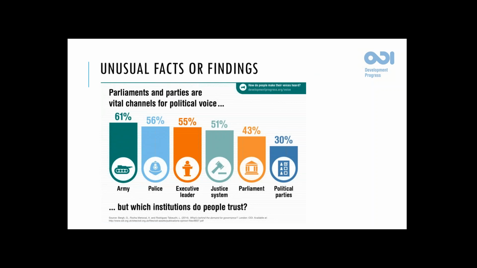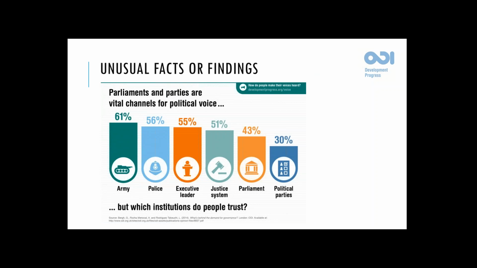Secondly, to convey an unusual fact or finding. This is an infographic we produced in a booklet that we wrote, which was focusing on political voice and what political voice was, how you can channel it as a citizen, how we measure it, what drives political voice forwards, and so forth.